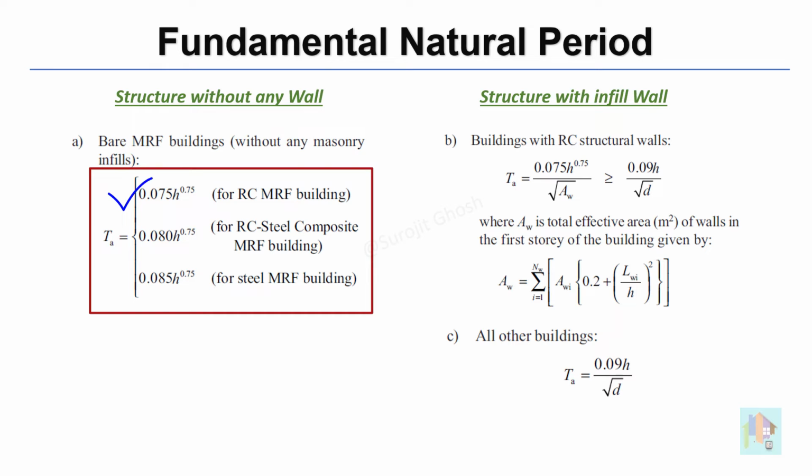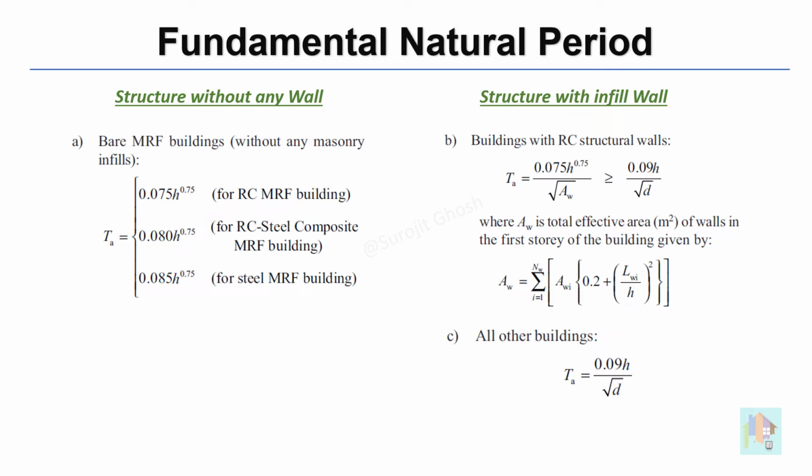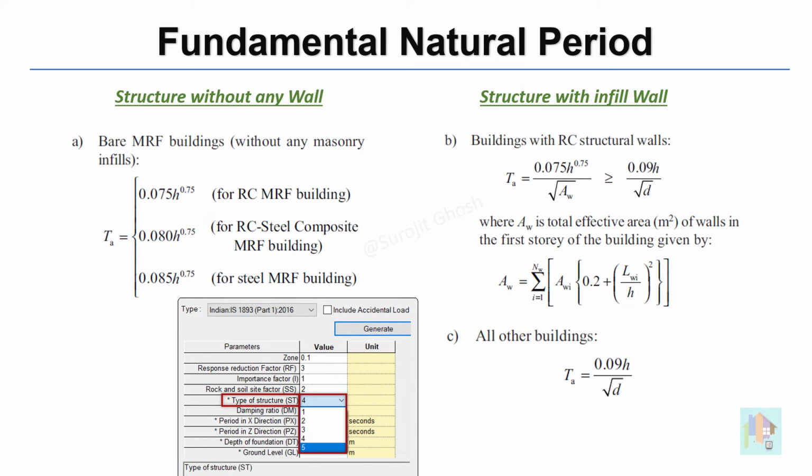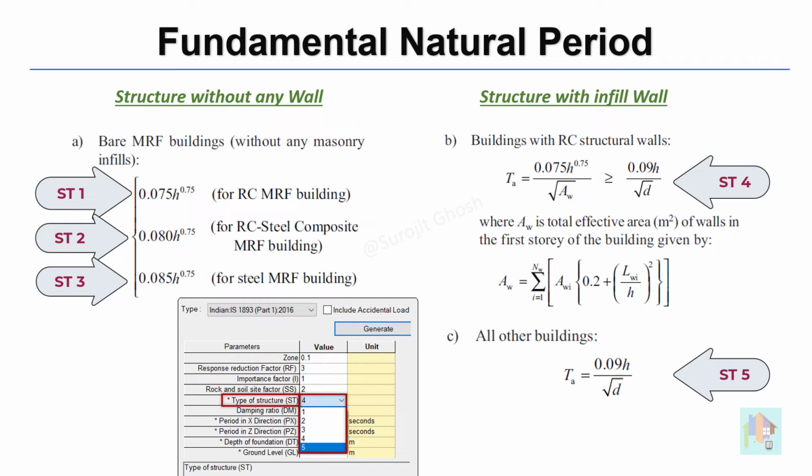One for a pure concrete structure, one for a pure steel structure, and another for a mixed type of structure with both concrete and steel sections. These five equations are used in STAAD for static seismic analysis through the structure type or ST parameter. Each equation is marked with a number, starting with 1 for RC-MRF building and ending with 5 for all other buildings.